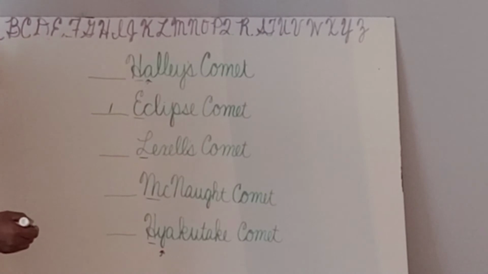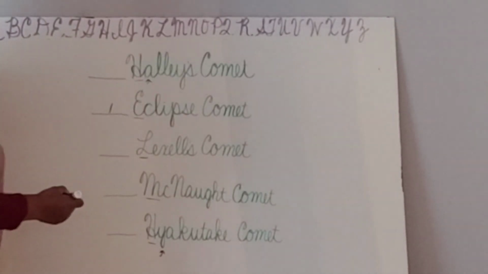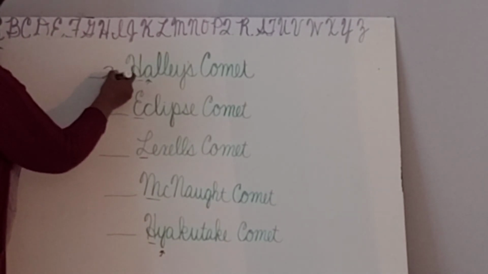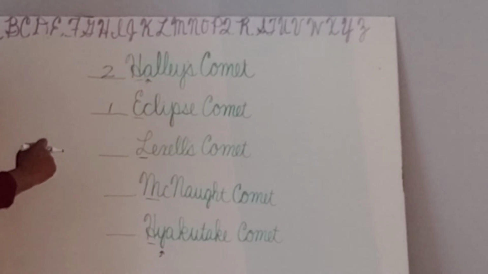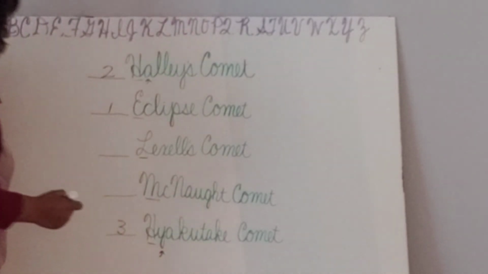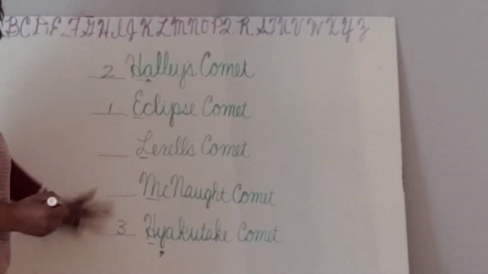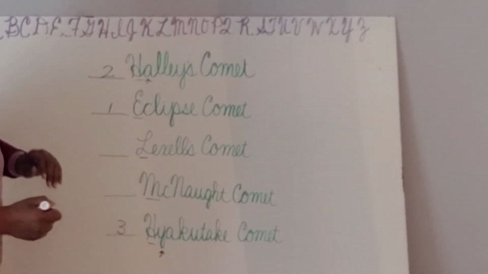So we start with A, and then we already have our answer because H-A is going to come before H-Y, which is way at the other end. So Halley's comes before Hyakutake. Okay, so the Hyakutake Comet is after Halley's Comet, H-A before H-Y.